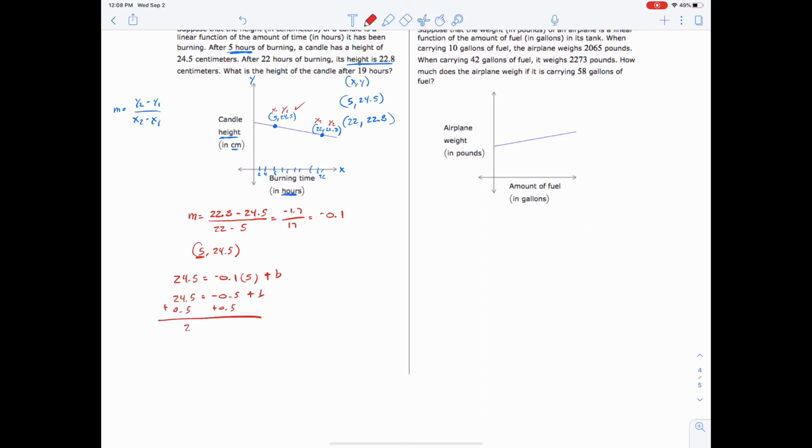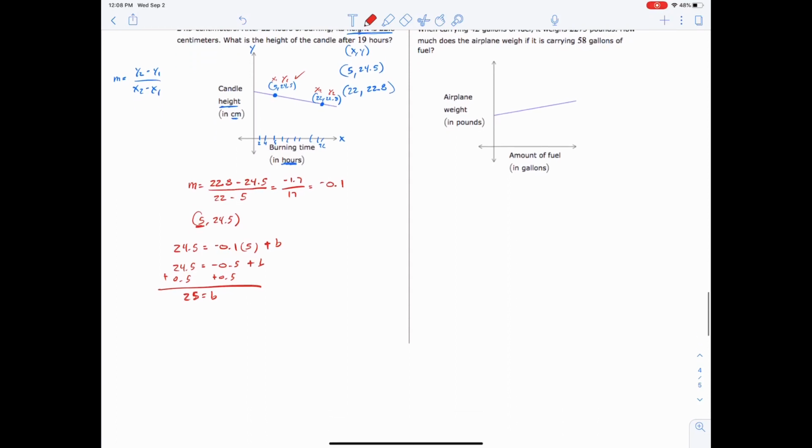Now we get 25 equals b. 25 equals b. Well, what was our original slope-intercept form then, based on b? It is y equals negative 0.1x plus 25. Now I know what the b is.